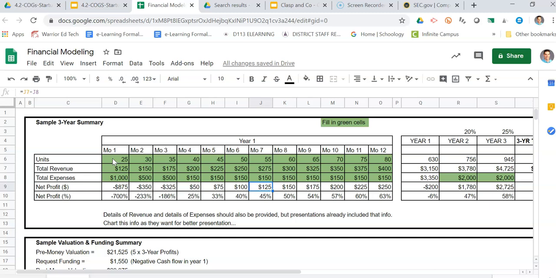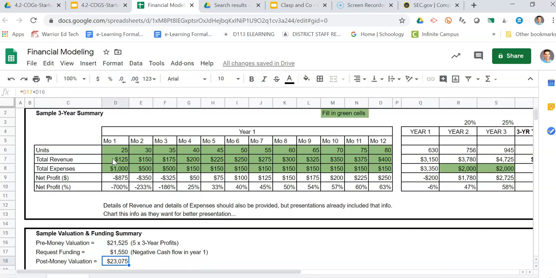Wherever I'm running a deficit, whenever I'm in the red, I need that cash up front, and that's the funding I'm requesting. Remember, these are just simple numbers to show this. We're running minus 875, minus 350, minus 325, and then we turn cash positive moving forward in this model. That comes out to 1,550. So that's the cash we need up front to keep going in business.